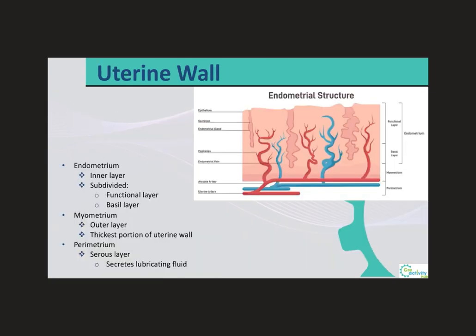Now let's talk about the uterine wall, which will have an outer muscular myometrium and an inner glandular endometrium. The uterine glands open onto the endometrial surface, and these glands will extend deep into the lamina propria, as we can see right over here. They go almost all the way to the myometrium.